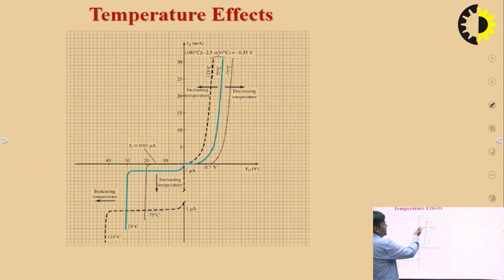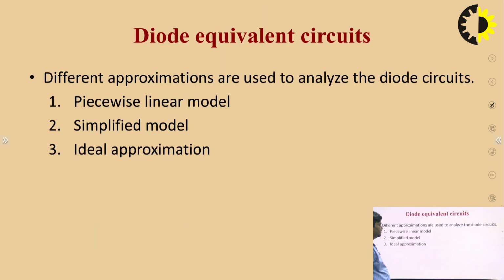I already showed the shift, minus 2.5 millivolt per degree centigrade, so we can easily calculate it.